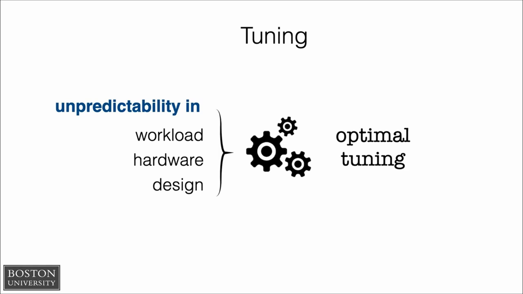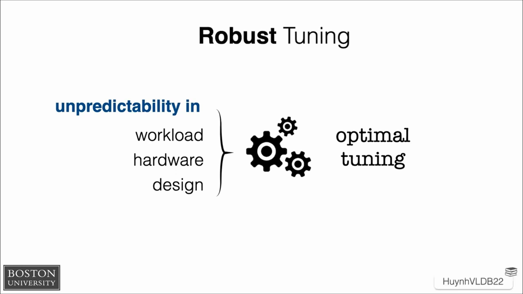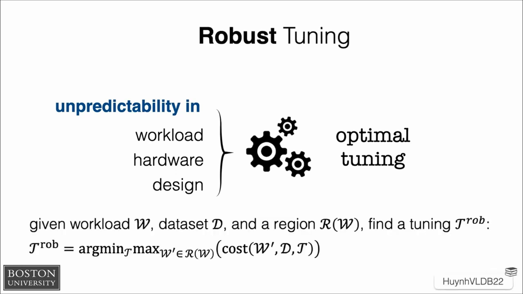The answer is no. So another type of tuning is called robust tuning that is also going to be presented as a first effort later this summer at VLDB, where the idea is, now I know that I have a data set and a workload, but I also know that there is a region that my workload might come in with some probability anywhere in that region, right? So now I don't want to just minimize my cost model. I want to find the tuning that gives me the closest to the optimal performance whenever the workload comes anywhere in that sphere.